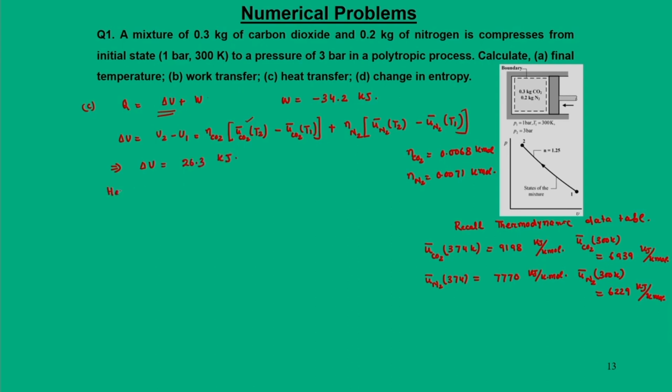Hence, Q would be minus 7.9 kilojoule, which means that compression increases the temperature, and heat is transferred from the system.